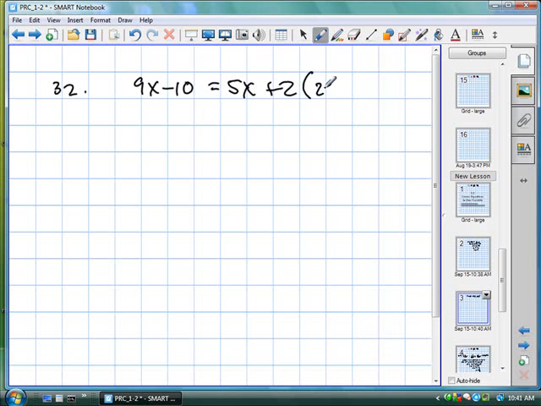X minus 5, is that right? So solve. I guess we should do the distributive property first.